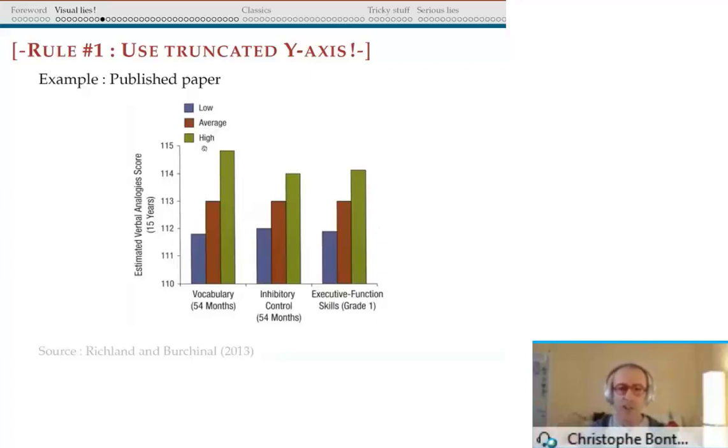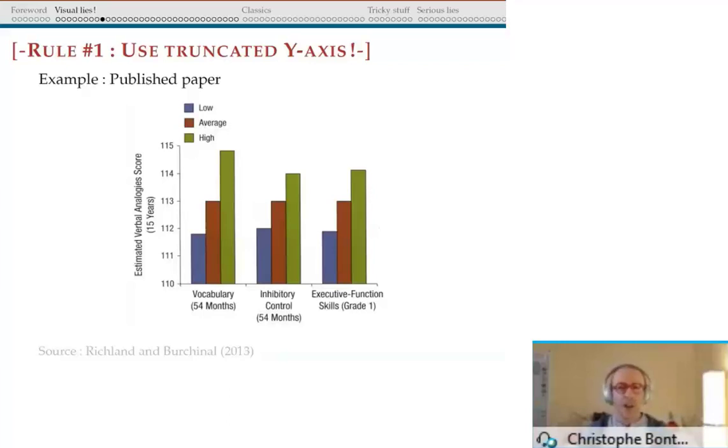It may be important to have a difference of 2 points. That's not what I'm saying. What I'm saying is that the way we visualize this makes this difference so important, and the comparison between the groups so important too, that it's really not fair, and the data should be presented in a fair way, in particular in a scientific way.